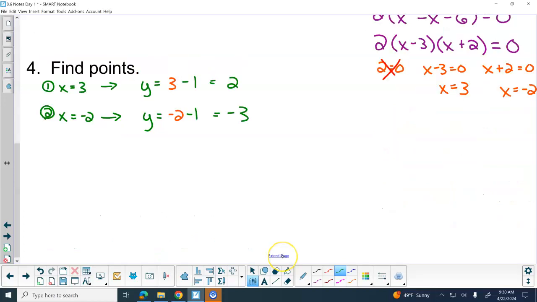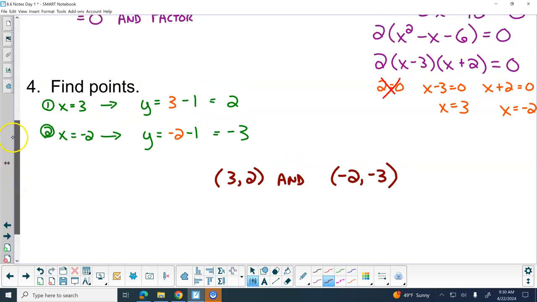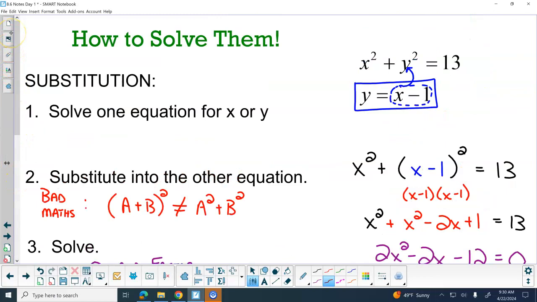So my 2 points that I get are 3, 2 and negative 2, negative 3. Now what I have to do is, let me scroll back up here and I'll bring them back down just so that I'm scrolling up and down.